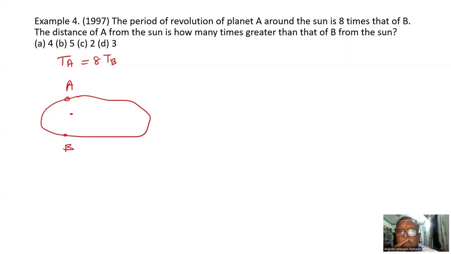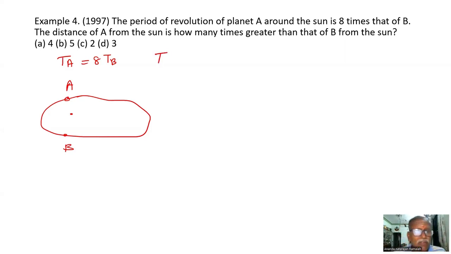The period of revolution of planet A around the sun is 8 times that of B. The distance of A from the sun is how many times greater than that of B? Kepler's third law says, we are not going to see any theory now; whatever theory is required, we will see then and there.